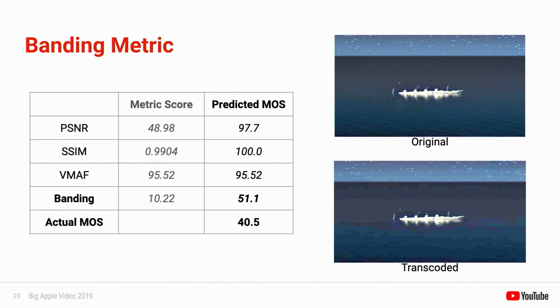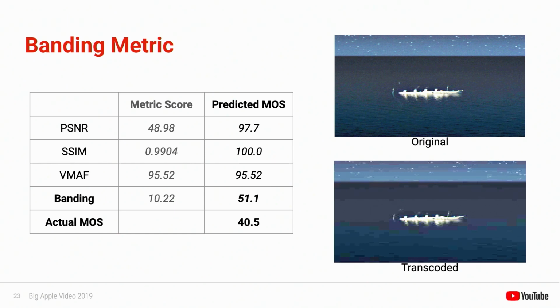Here's an example showing how the banding metric may more accurately predict mean opinion scores than traditional reference-based metrics. On the right is a detail extracted from an original video and the same section of a transcoded version of that video. We've enhanced the contrast of these images to make the banding in the transcoded version easier to see in this presentation.